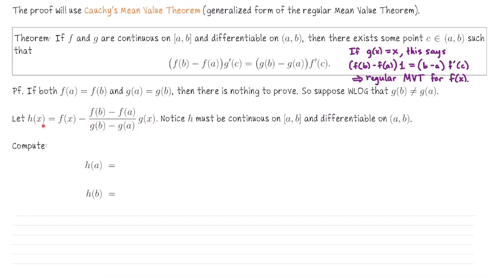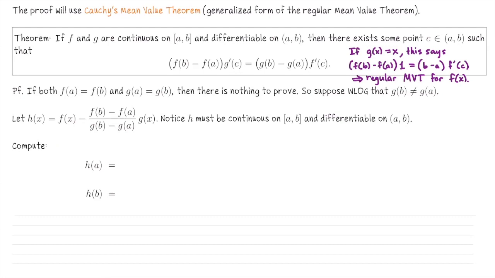So x here is the input, and the only dependence we have is in f and g. This ratio here is just a number. So since h is basically f minus a scaled version of g, it inherits the properties of f and g. So it's continuous on the closed bounded interval from a to b and differentiable on the interior.